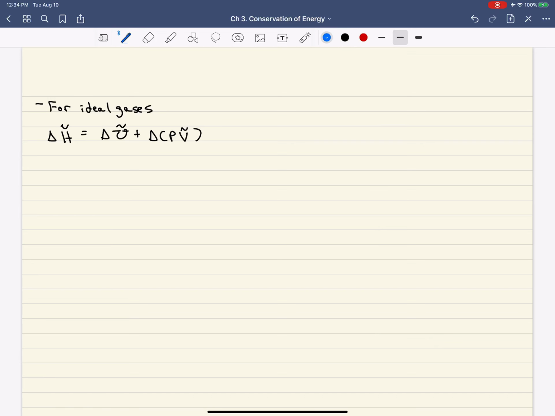For a constant temperature and changing pressure system, the delta U term once again is going to be 0 because it's isothermal. For the PV term, we can once again apply the ideal gas identity that we used earlier, and this is going to be equal to RT. So we have R times delta T.